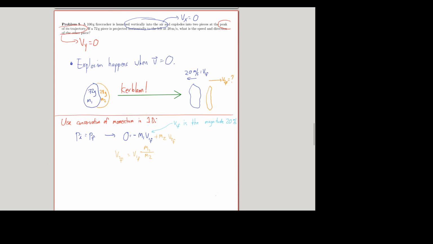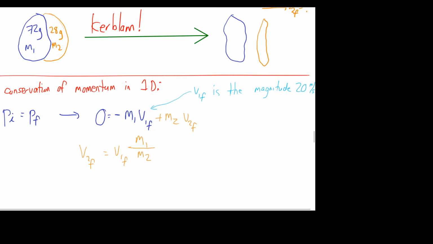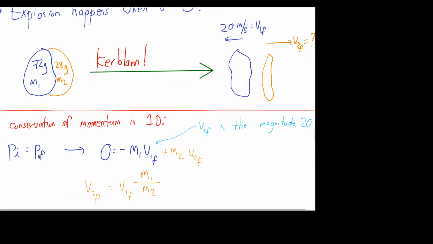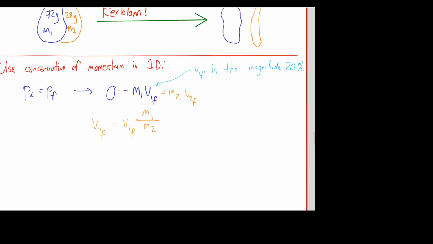Let's see, so the pieces are 72 grams and 28 grams. The velocity that one is being projected at is 20 meters per second. So if I put these numbers into the Google machine, I have 20 meters per second times 72 grams over 28 grams, which gives me 51.4 meters per second.